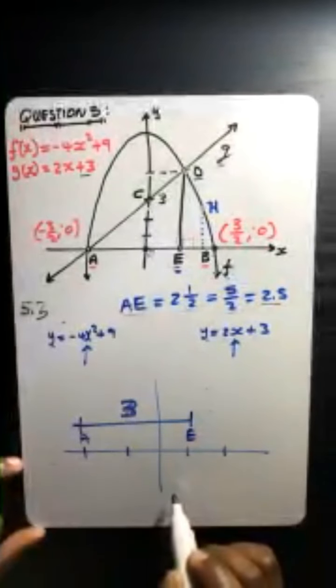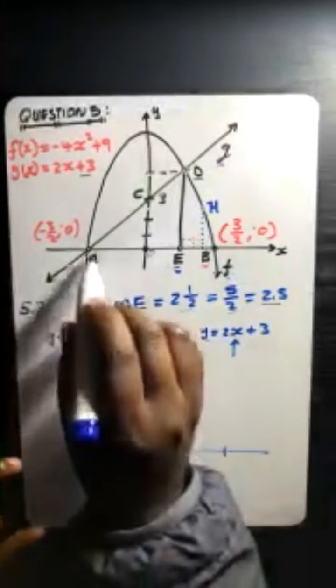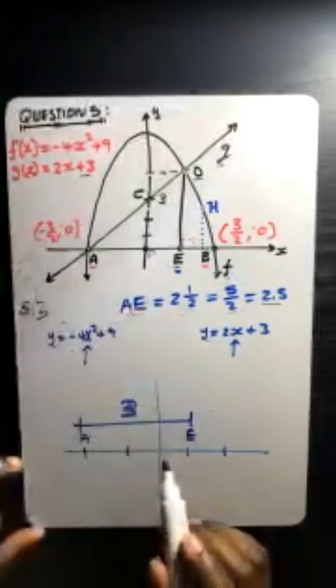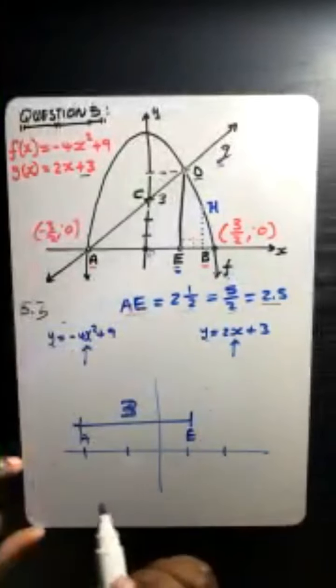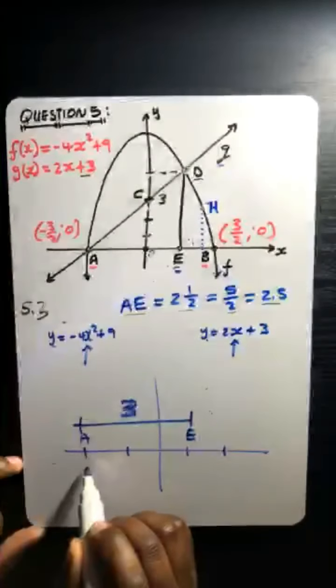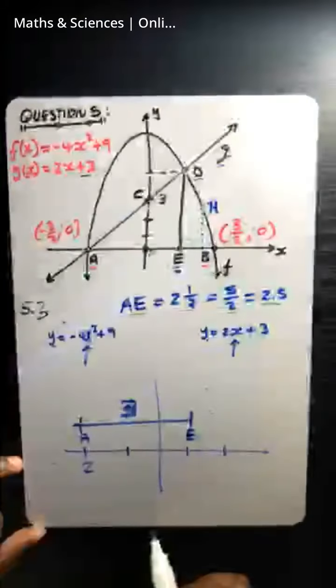So if that length is 3 and we know what the x value at A is, which we calculated as 3/2, let's say it is 2.